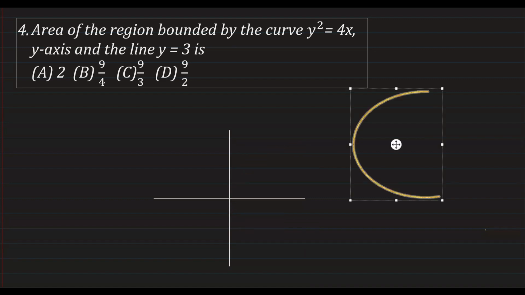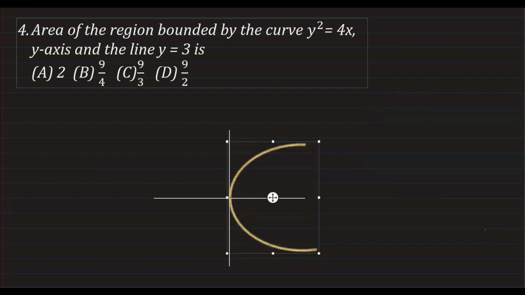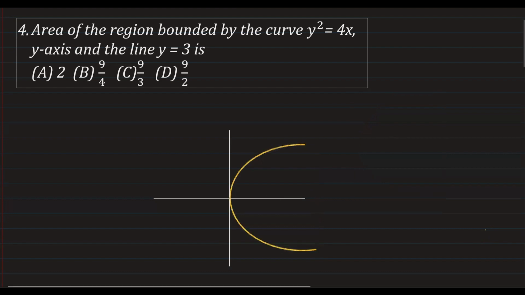So let's make it. That's fine. Now this is the parabola here, and then next is the y-axis. So I should highlight the y-axis. This is the y-axis here.